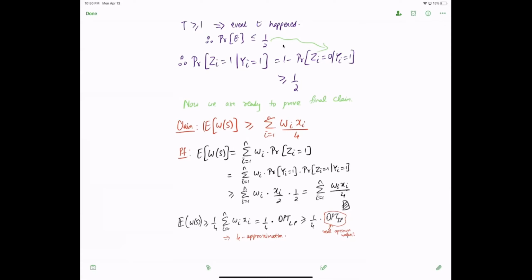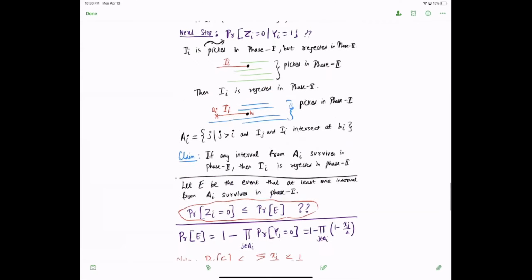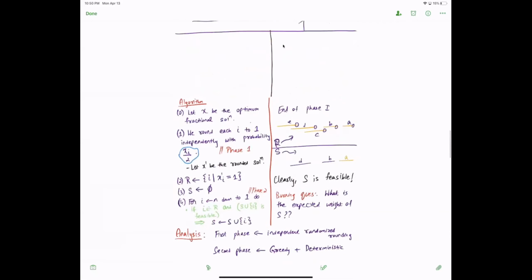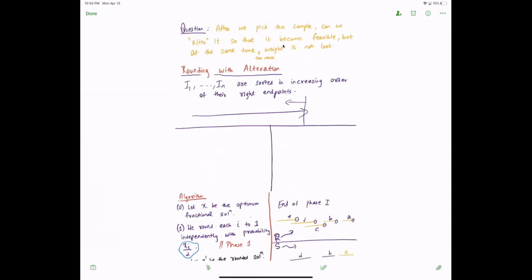So there's a very nice application of course, things get more involved there, but again, alteration will be one of the steps that is used there. And as I mentioned before, this weighted version can actually be solved exactly, but that was not the goal here. The goal here was to demonstrate this technique of rounding with alteration.